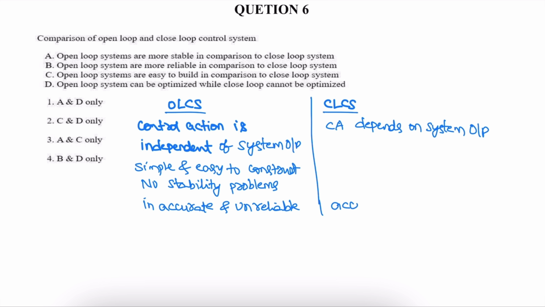This reliability and accuracy is due to feedback in closed loop control systems. Due to the feedback mechanism involved in closed loop control systems, these are more accurate and reliable.